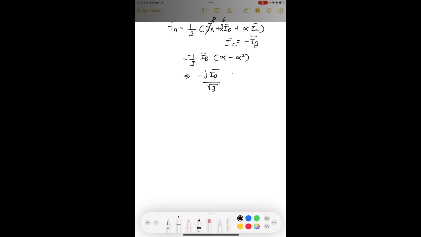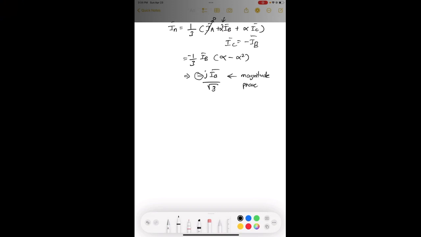Here the magnitude of the negative sequence component of the current is the same, just that the phase is different. Since they are equal in magnitude and opposite in phase, the equivalent circuits can be connected in series opposition.